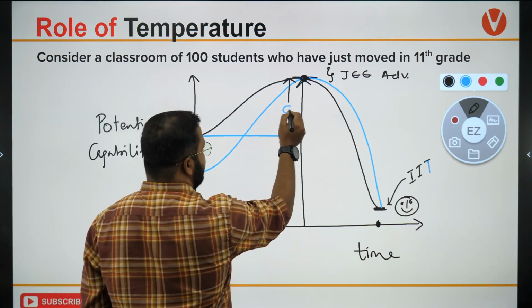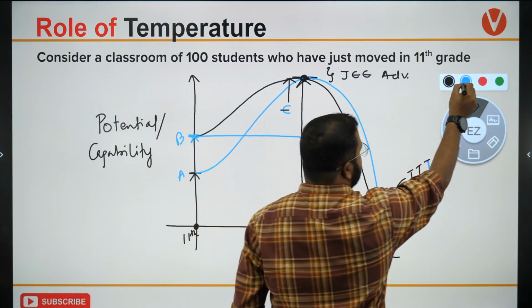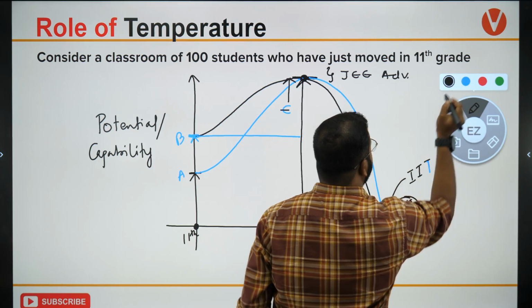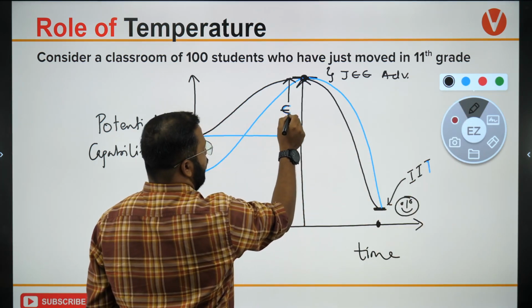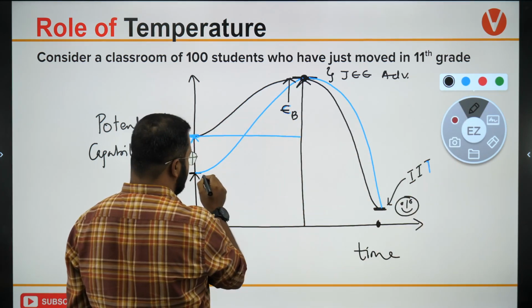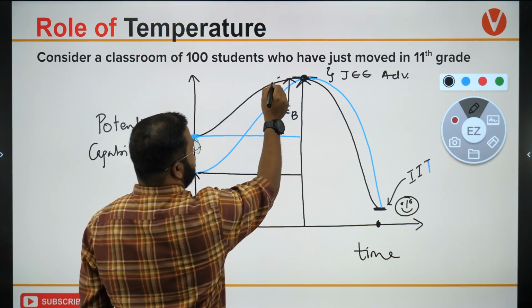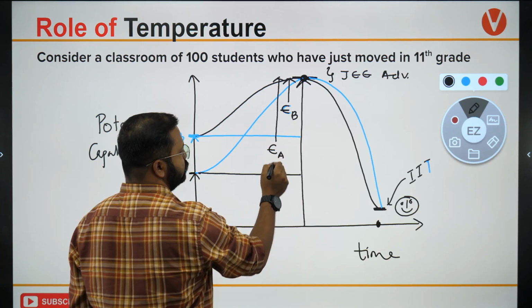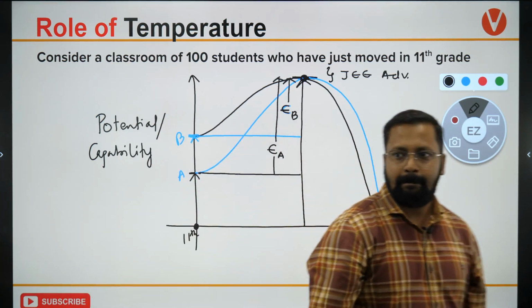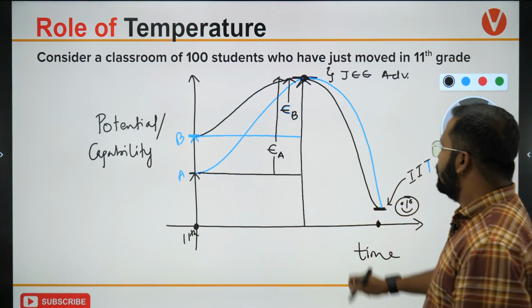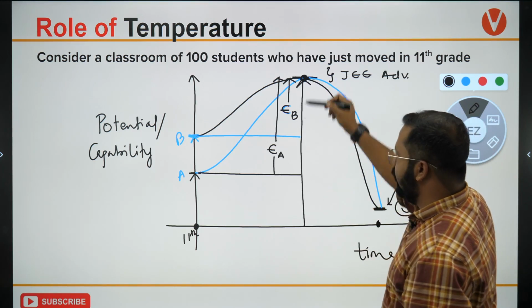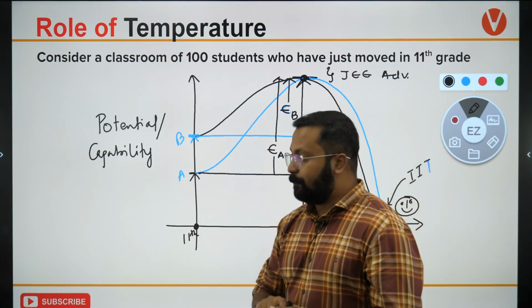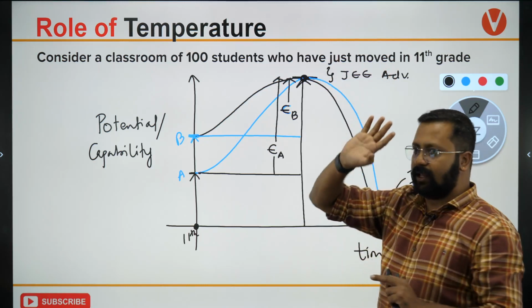Similarly, this I can call activation for B, and this I can call activation for A. Clear? So ये जो difficulty level है, एक टीचर क्लास में आने पे ये डिफिकल्टी लेवल कम नहीं होती है.